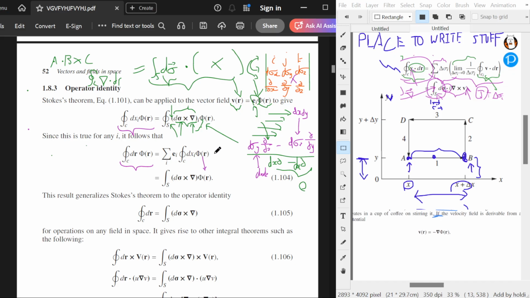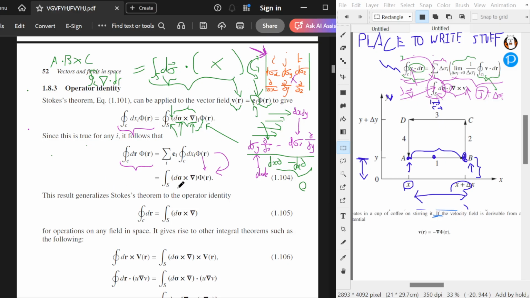I think this is just Stokes' theorem to go from here to here. This is weird. I think I might have to find some logic with the determinant.